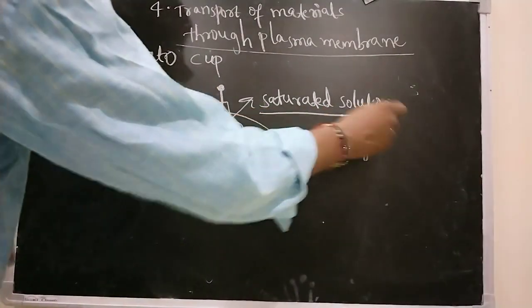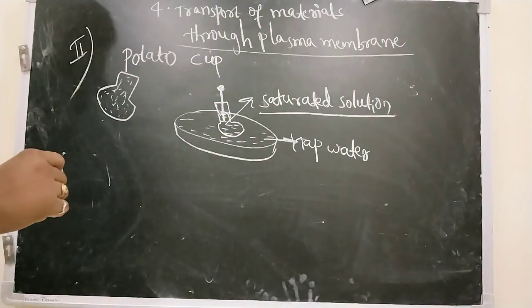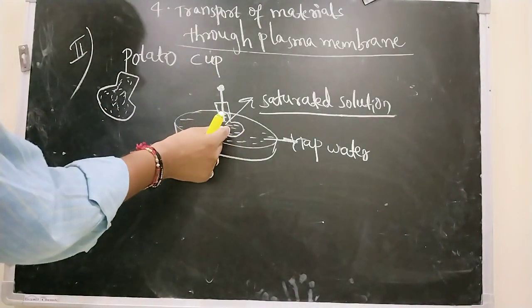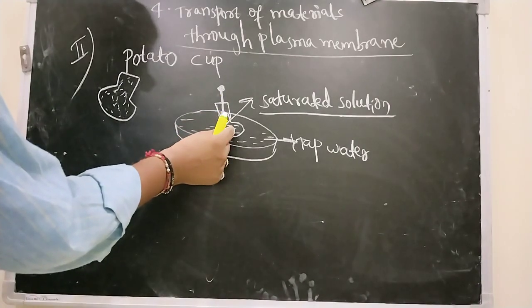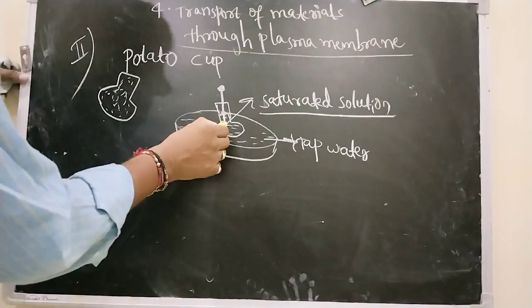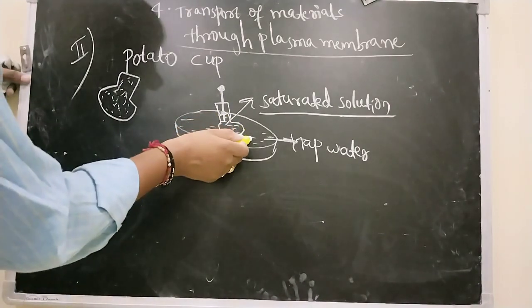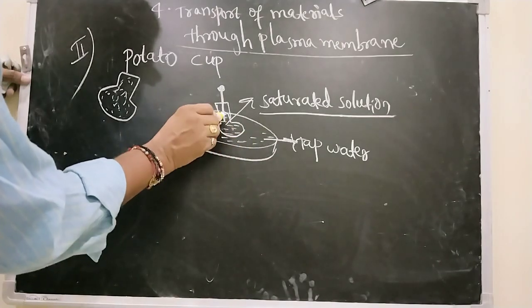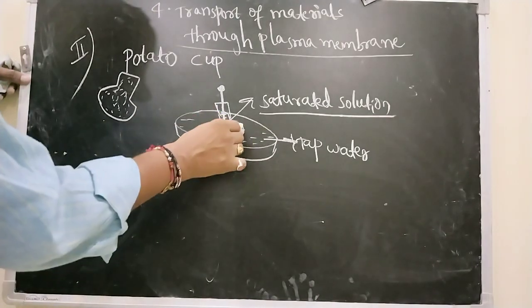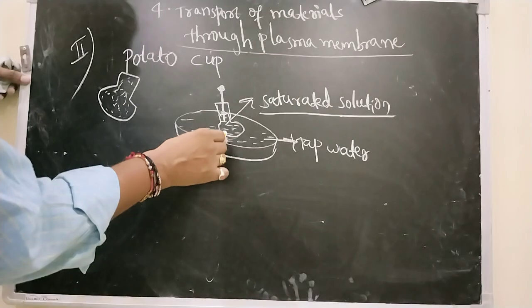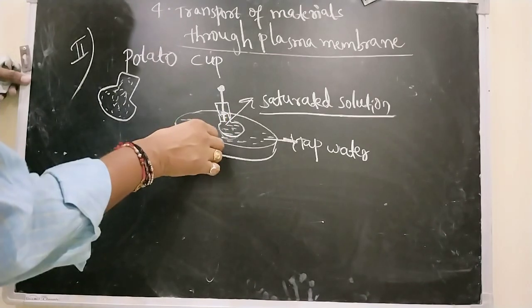The saturated solution needed water. Why? Because the solute present in the saturated solution has to dissolve. That is why, to dissolve it, water from the petri dish enters into the potato cup through the membrane.